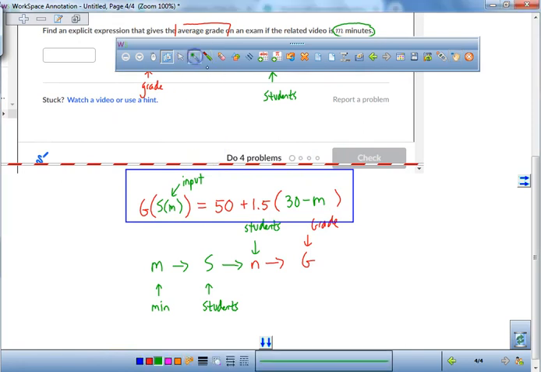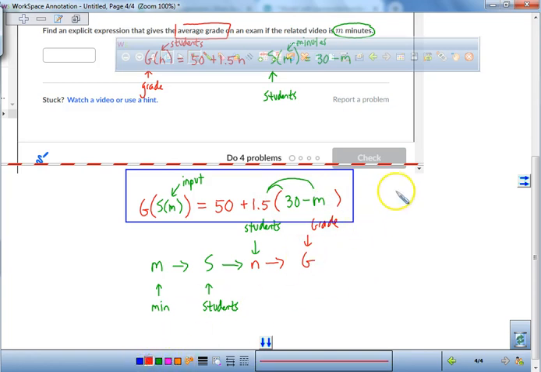If we wanted to simplify that, all I'm going to do right now is distribute. So I have 50 plus 1.5 times 30, which is 45, minus 1.5 M. Add these together, I get a total of 95 minus 1.5 M. So this is what's called the simplified expression.